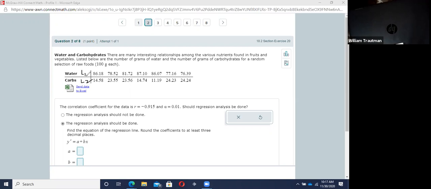78.52, 81.72, 87.10, 86.07, 14.58, 23.55, 23.56.